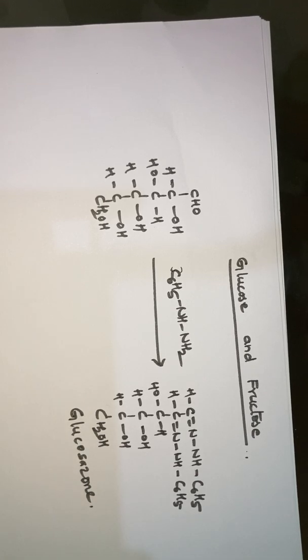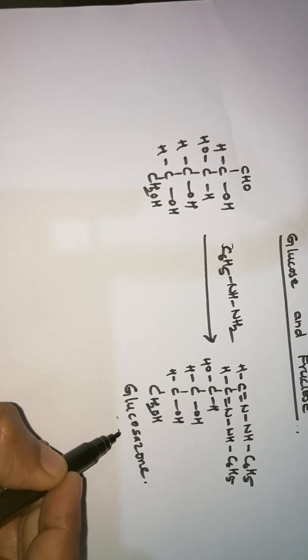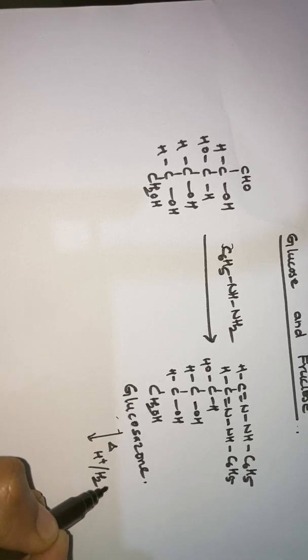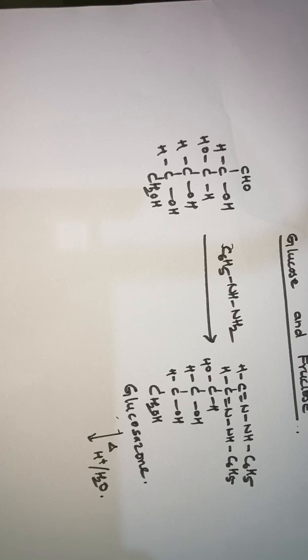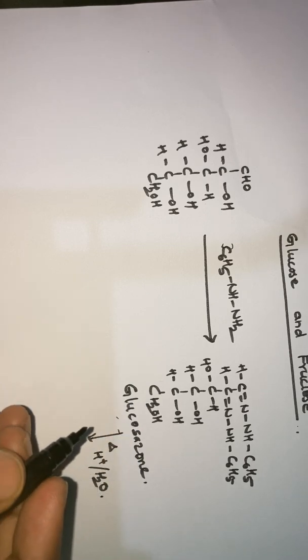This is an osazone of glucose. Next, it is hydrolyzed, acid hydrolysis. So acid hydrolysis of this glucosazone will give you glucosone.